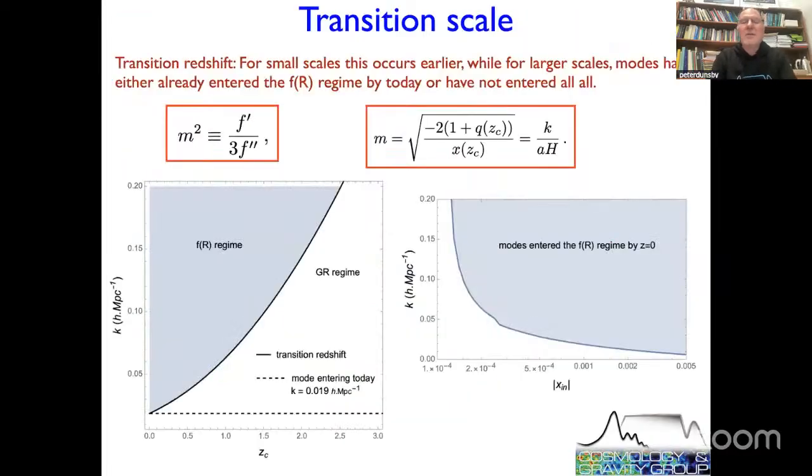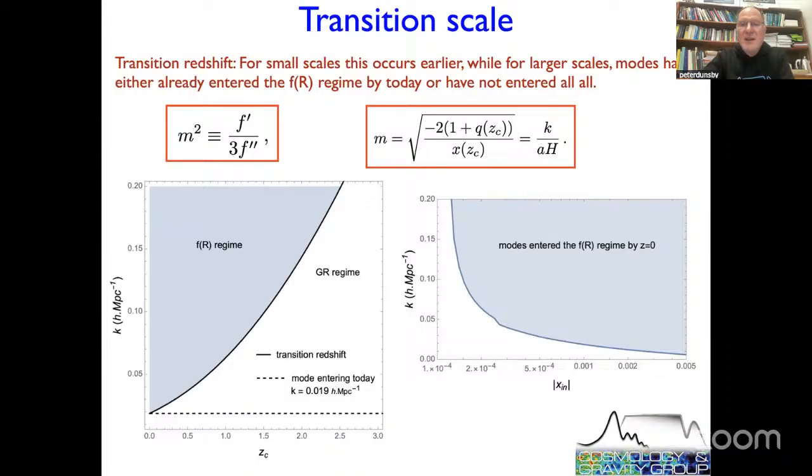So before I get into the actual plots, it's worth giving you a qualitative description of what's going on. Here we have two plots. On the right-hand side, we have a plot of the initial value of x. Remember, x is a measure of how far we are away from general relativity, and x initial is how far we are away from general relativity at our initial redshift.